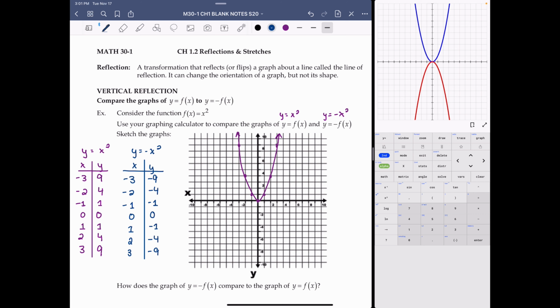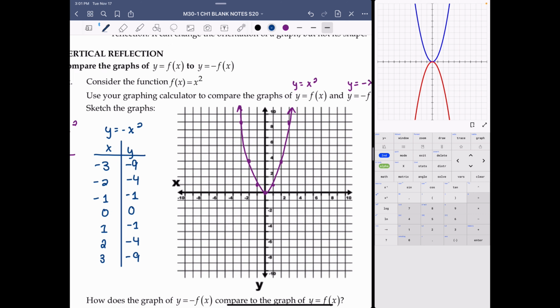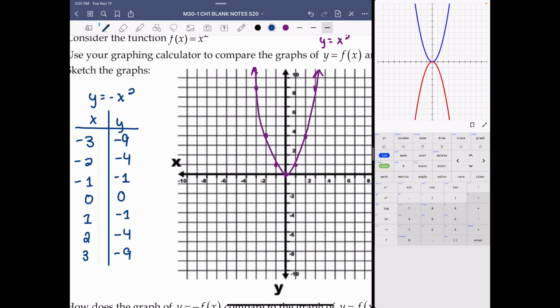So when x equals -3, we have y equal to -9. When x is -2, we have y at -4. When x is -1, we have y equal to -1. When x is 0, y is 0. When x is 1, y is -1. When x is 2, y is -4.